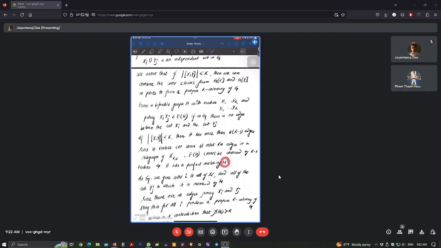Suppose the perfect matching is M. Now in G, we give the color i to all Xi and to the set Yj to which it is matched by M. So we give them the same color.